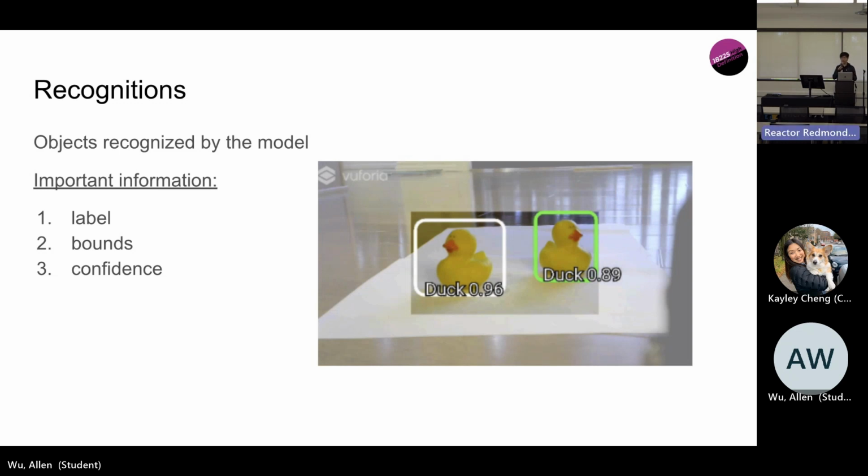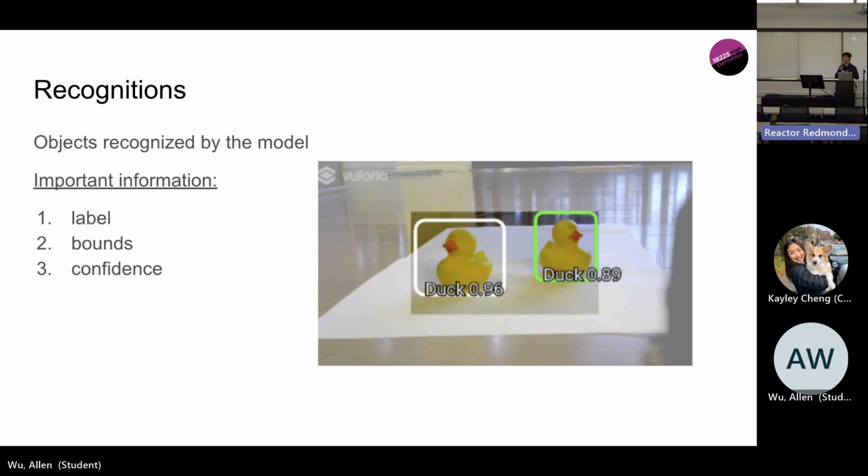Another very important attribute of recognitions is the bounds. Essentially, the bounds tell you where the object is within the image. They tell you whether your object is to the left, to the right, or where it is within the context of the frame of the image. These bounds help a lot when you want to determine more information about the object, like where it is.